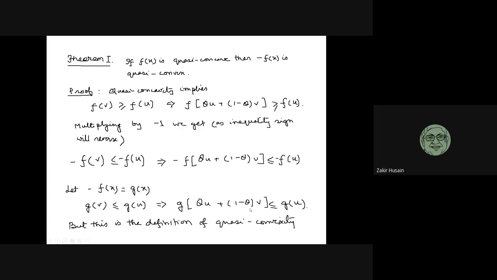So g of this theta expression is less than or equal to g(u). This is the definition of quasi-convexity. Therefore, if you multiply by minus 1 or take the negative of a function, instead of quasi-concave it will become quasi-convex. If you start off with a quasi-convex function, it will become quasi-concave. Okay, is it clear?